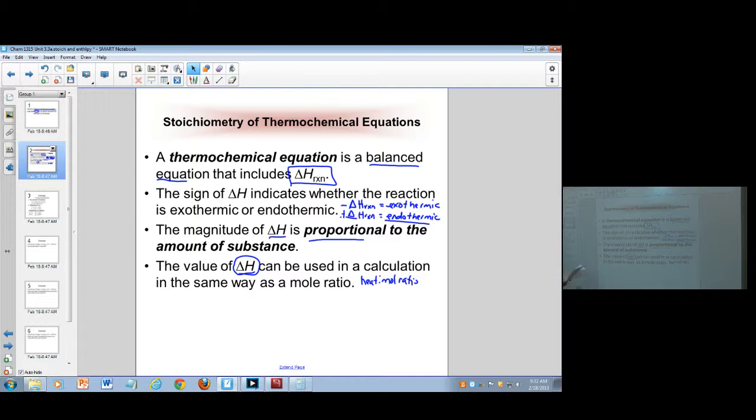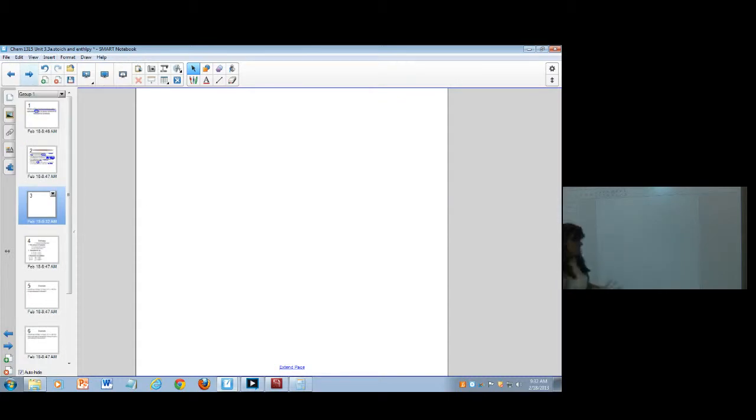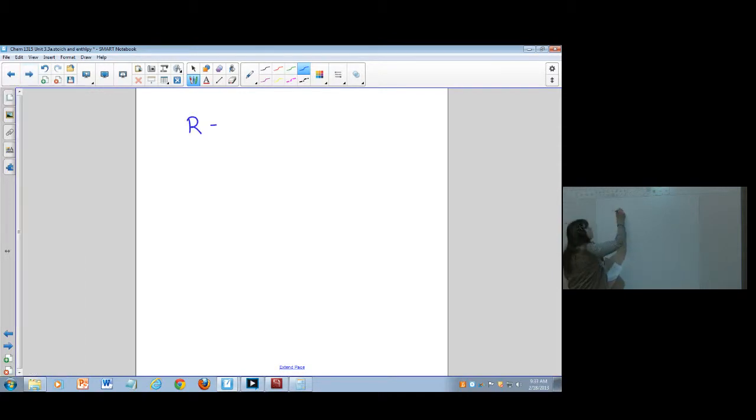So I want to talk about exothermic and endothermic one more time. Okay. So let's think about exothermic reactions. Sometimes those are easier if you include them in part of the reaction. So we can write a reaction, reactant to products, just any old standard.